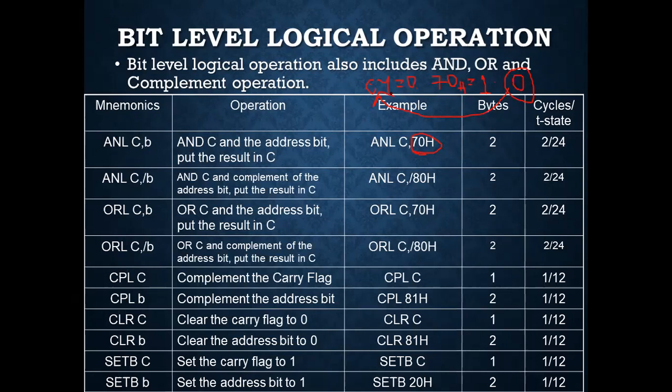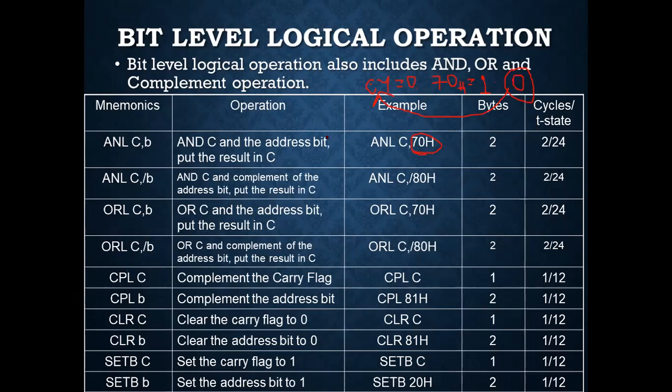Now you may think that if the content of the carry flag is 0, then after the execution of this instruction the carry flag content will always be 0. Obviously, a single bit 0 means AND is 0.